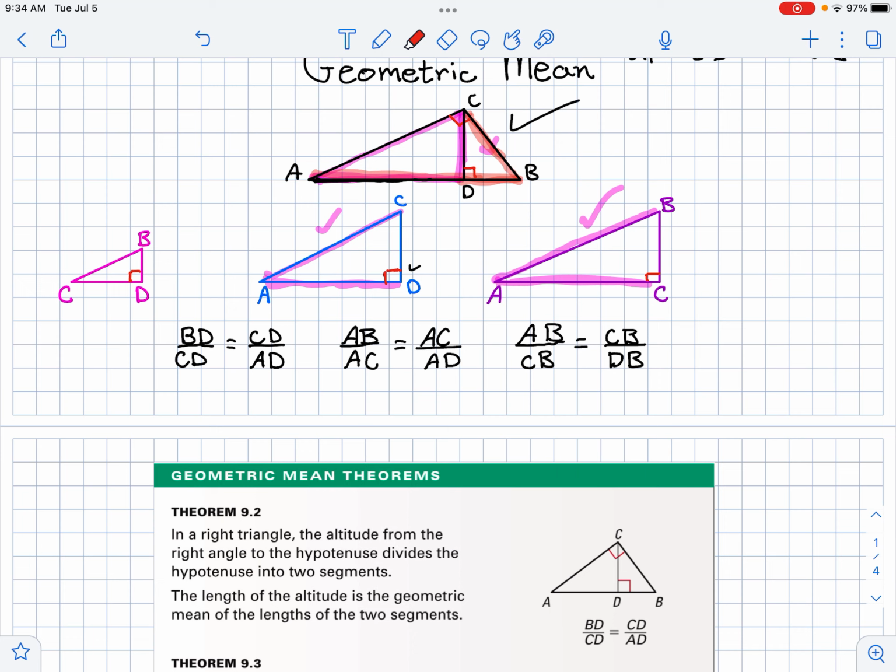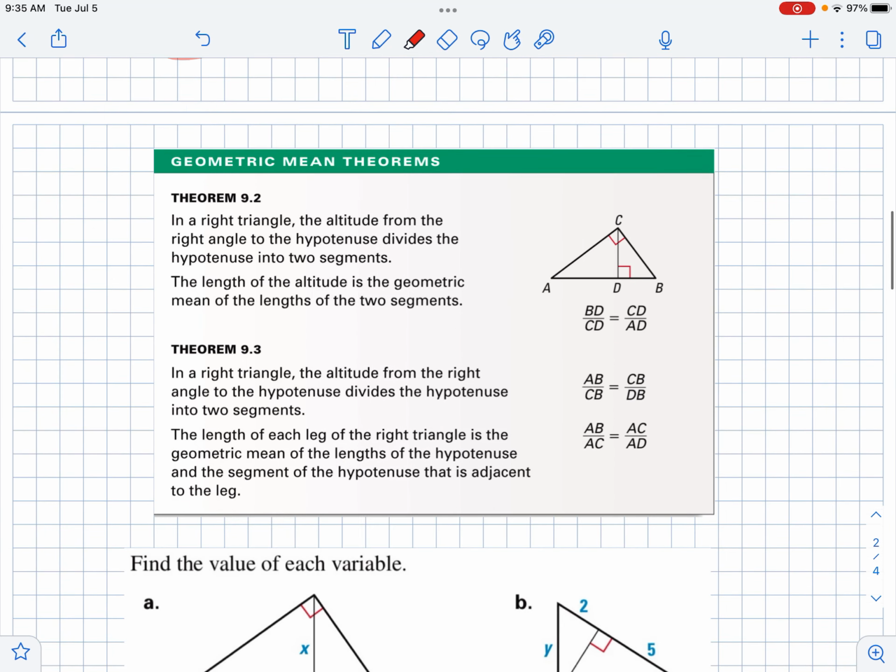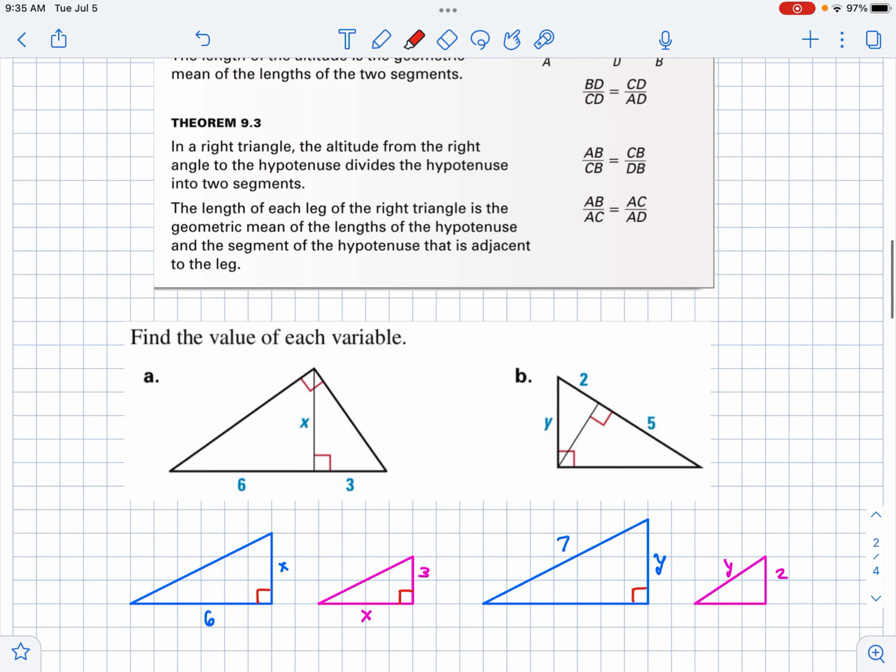So here's the takeaway: the altitude is the geometric mean, and each hypotenuse is the geometric mean. This is something you might want to take some time to look at, and that's what this theorem talks about here.